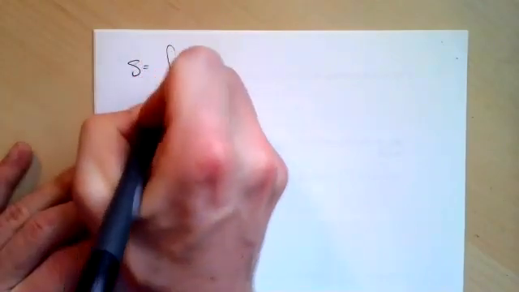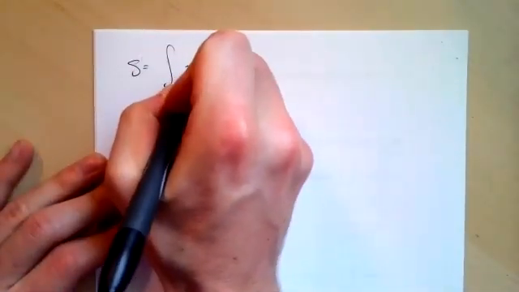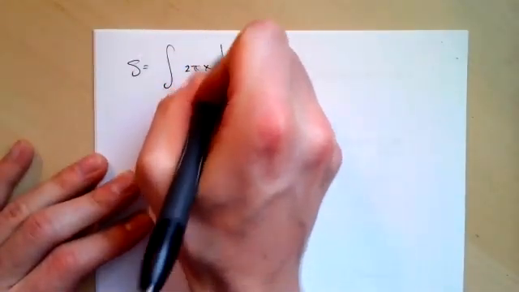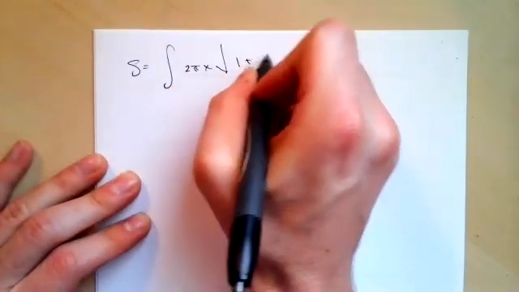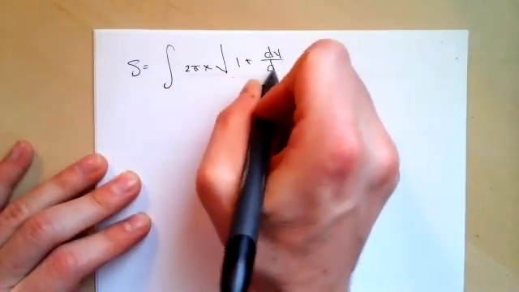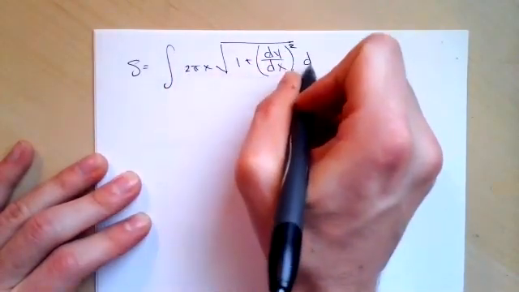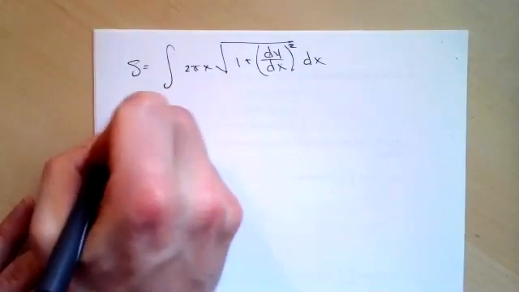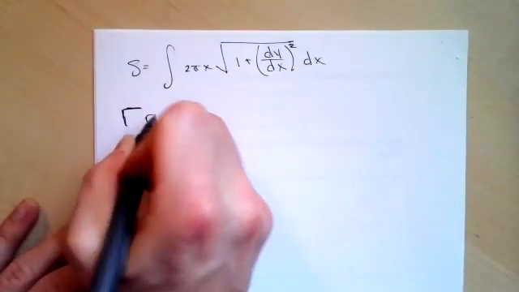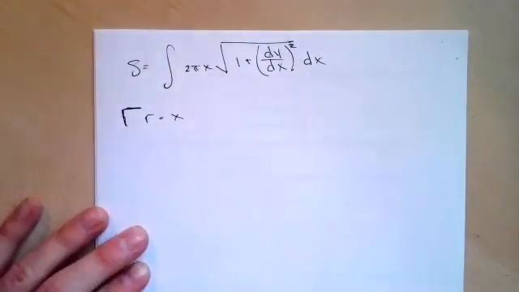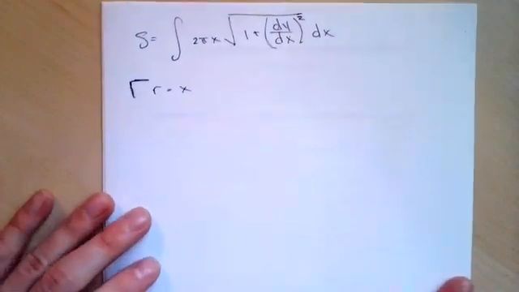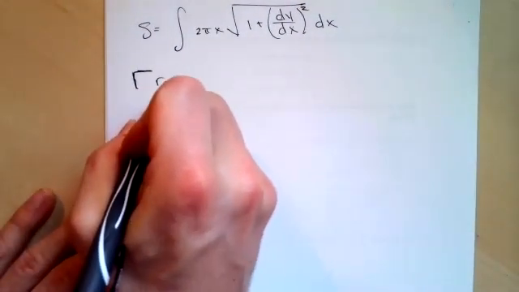We've got s is our integral now of 2 pi x times square root of 1 plus dy dx squared dx. And now the only pieces we need, we said our r was x, and we don't need a new formula for that since we are integrating with respect to x.